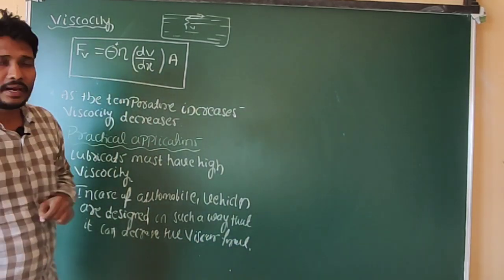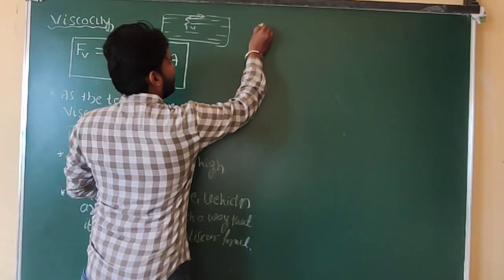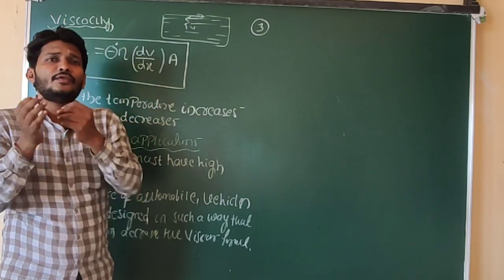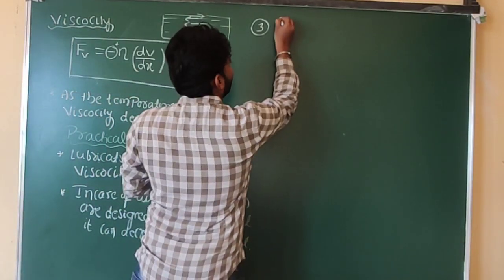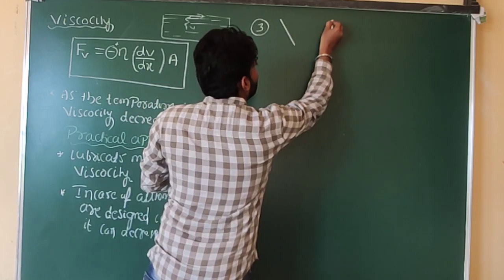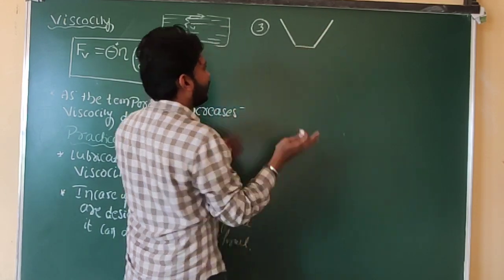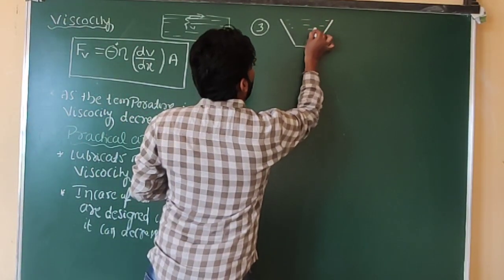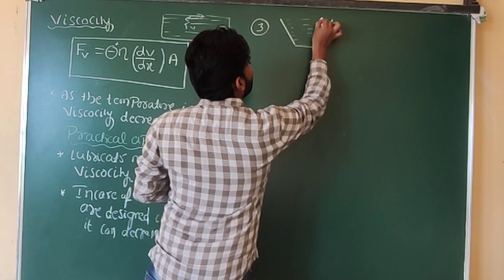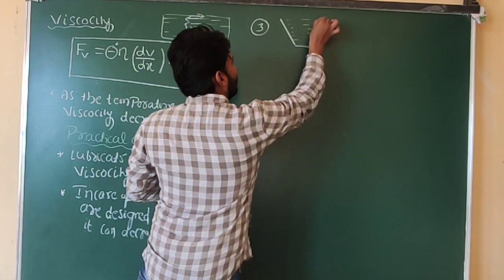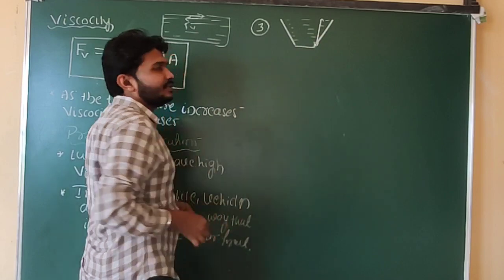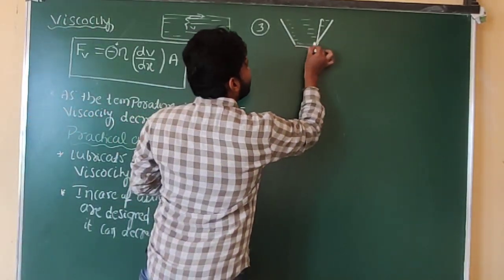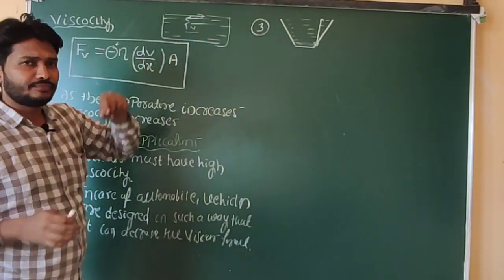And one more example I am giving here. In case of canals, they are made in a V-shaped structure, like this. If they provide this kind of V-shaped structure to canals, look here: the area of contact decreases from top to bottom. At the bottom side, the area of contact is less compared to the top side.